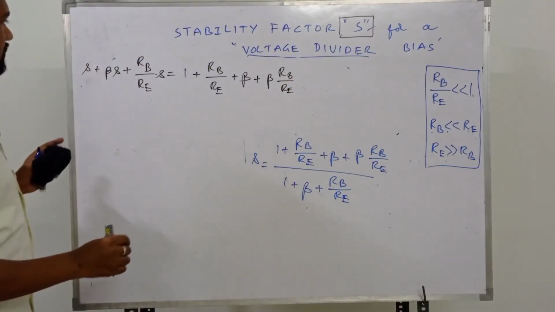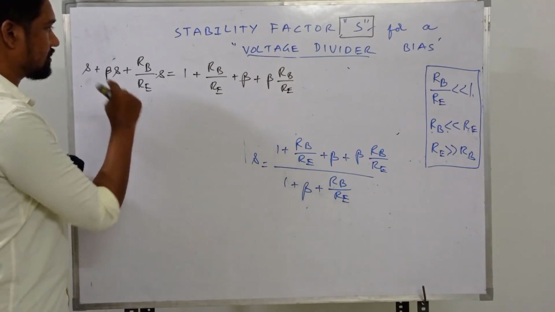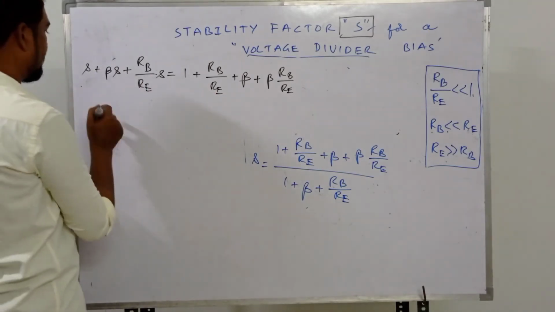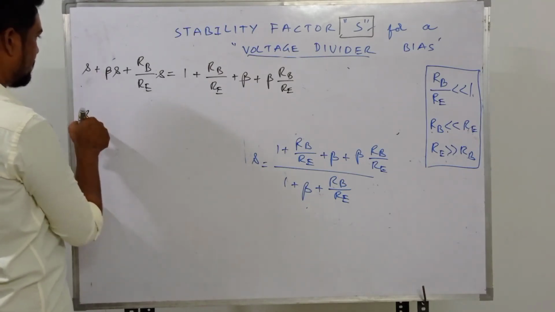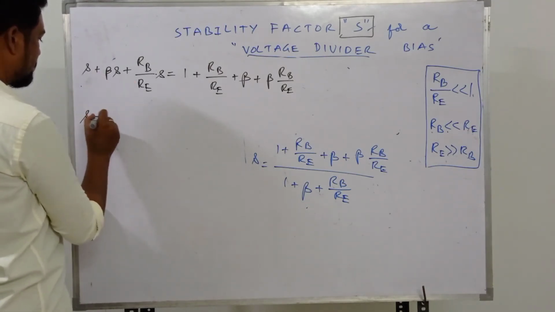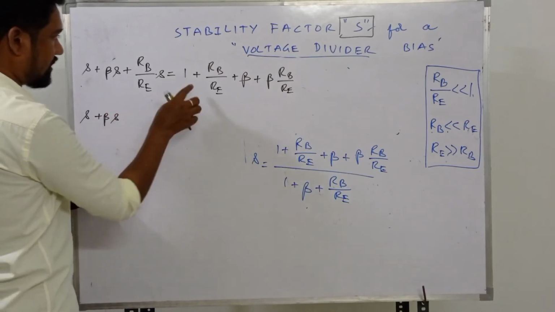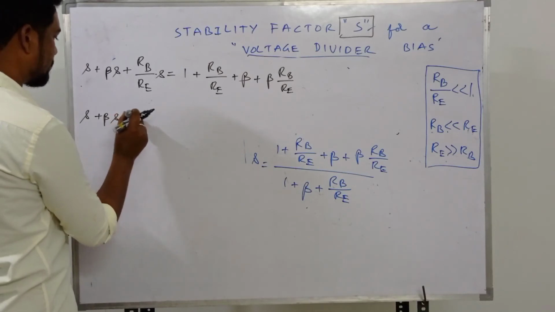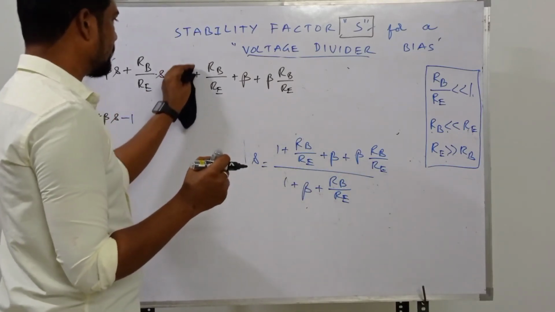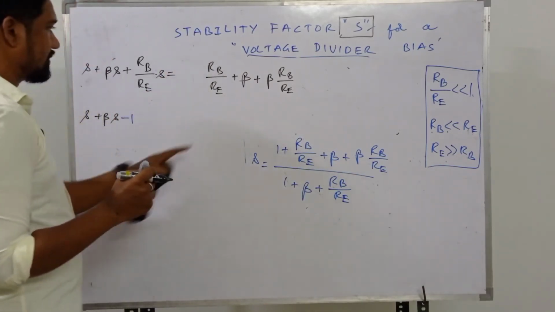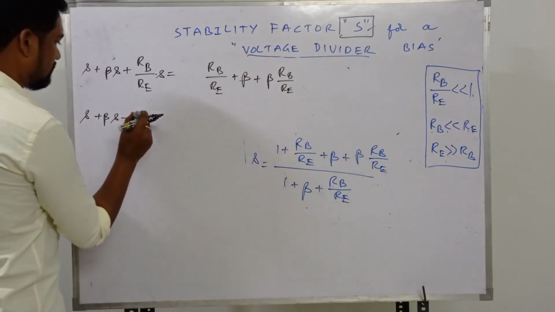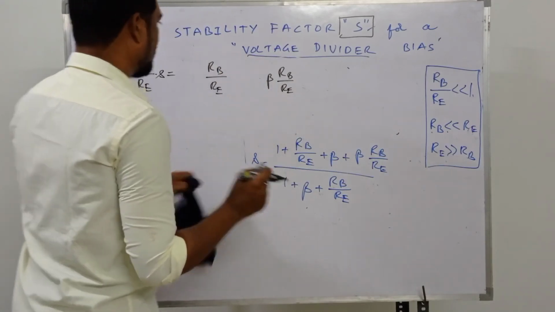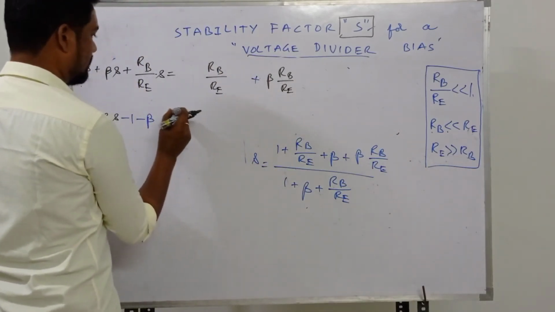Guys, RB by RE terms on one side, and the rest of the terms on the other side. So S is independent of RB by RE, so I have written this one, plus beta S, and even this one, it's positive, it will be minus 1 on this side, so we don't have this anymore, isn't it? And even this one, it's plus beta, it will be minus beta this side, so we don't have this anymore.